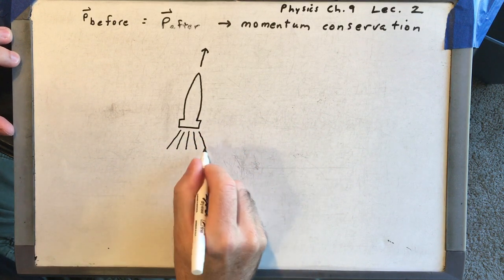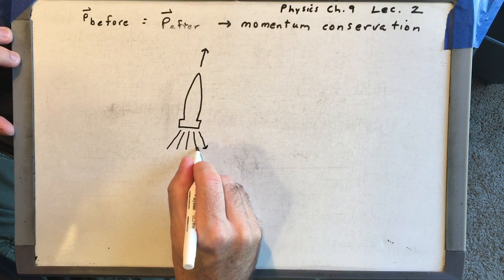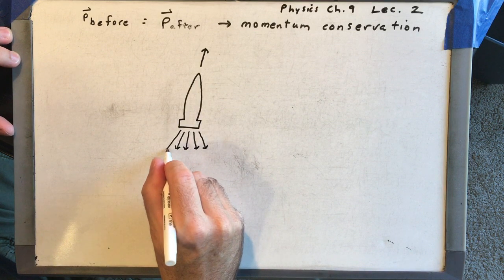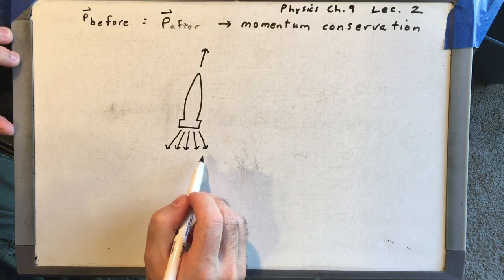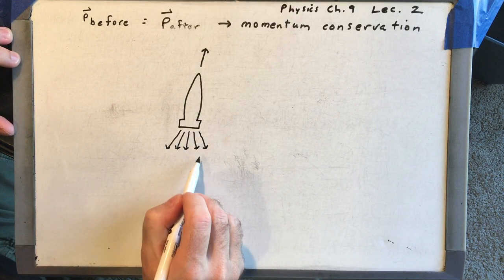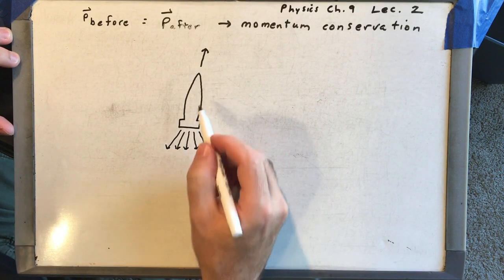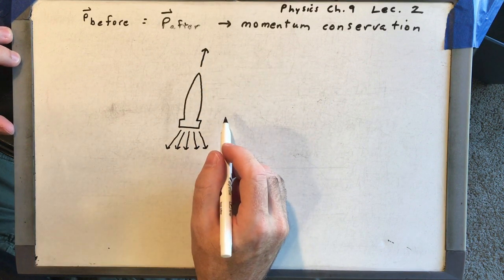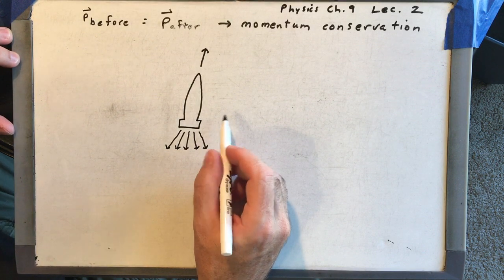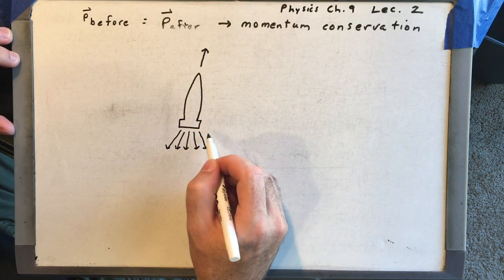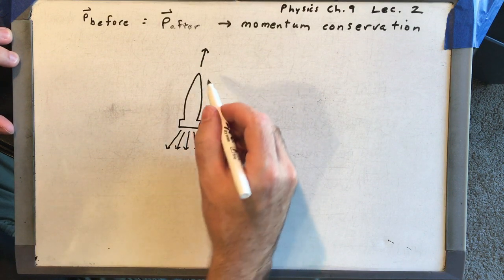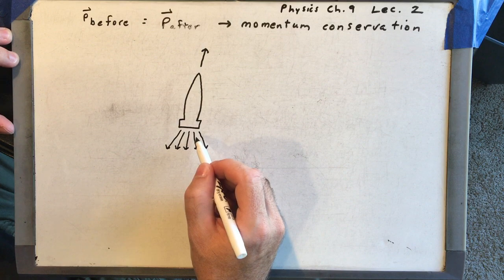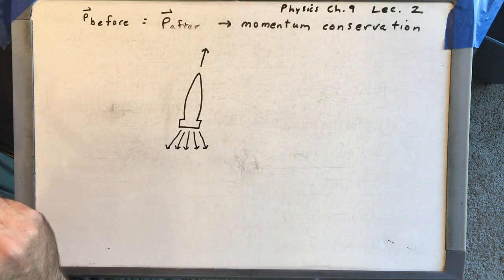So its exhaust is coming out so fast, even though the exhaust isn't nearly the mass of the rocket, although it certainly does have mass. It's coming out so fast that the rocket launches in the opposite direction, kind of like how a gun recoils the opposite direction of the bullet. So momentum is conserved here. There's no other forces acting on the system. It's just the rocket and the exhaust.